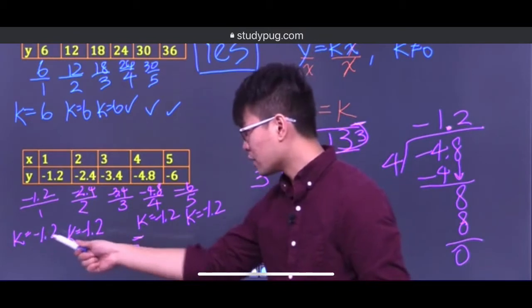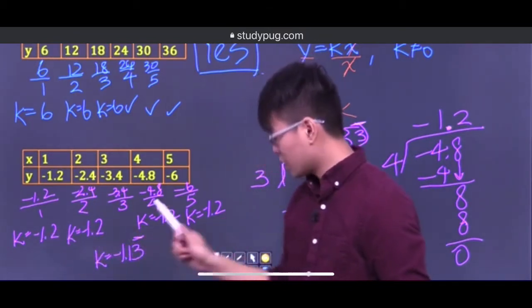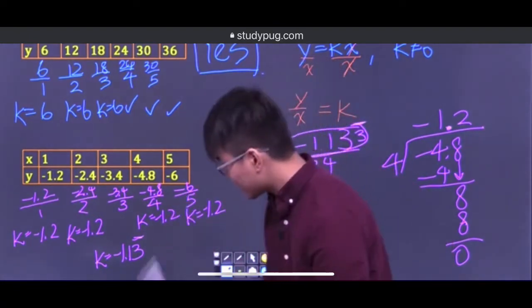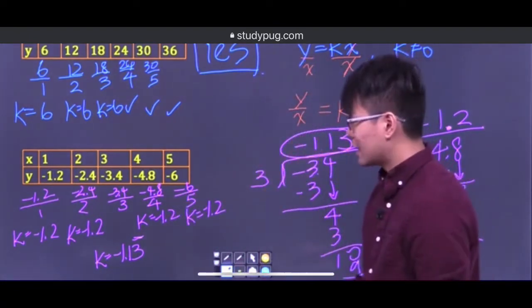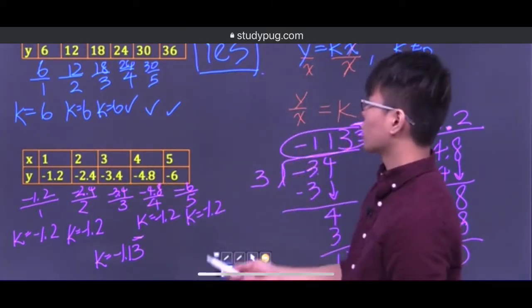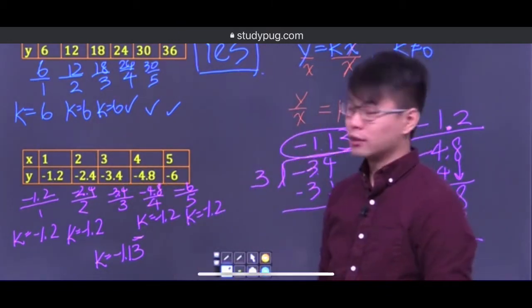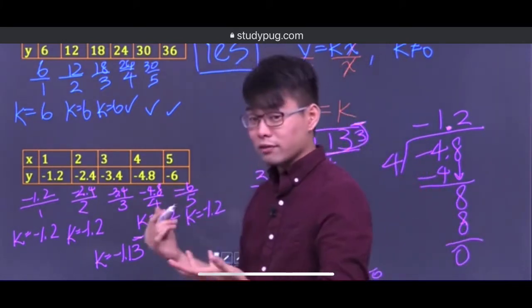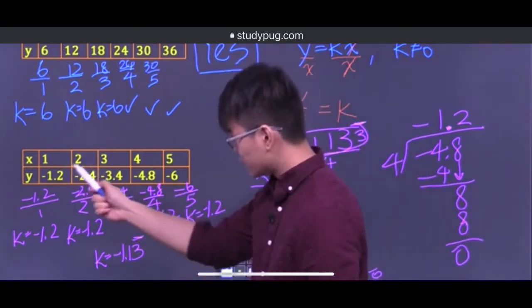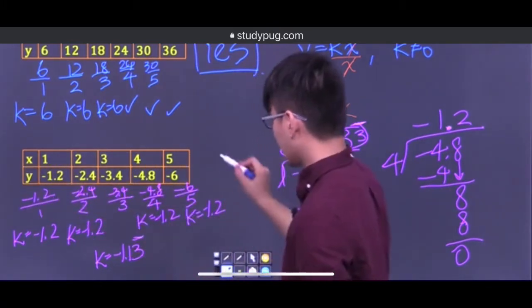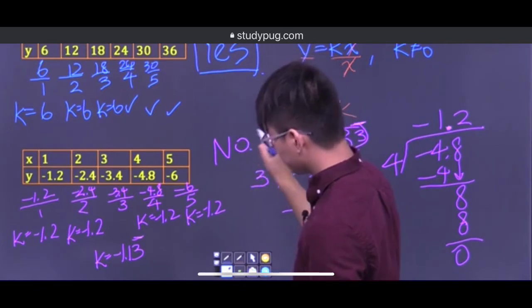Everybody else has a k constant of -1.2, and this weird guy here has a constant of -1.13. And this indicates that this table of values does not represent direct variation, because the constant variation is not consistent throughout this entire table of values. Okay, so we have no.